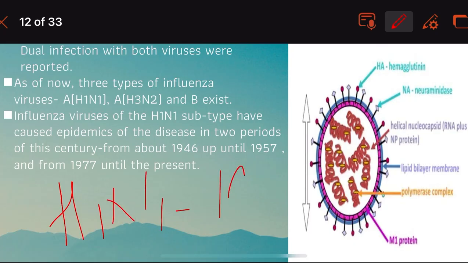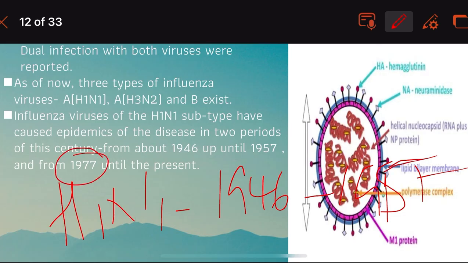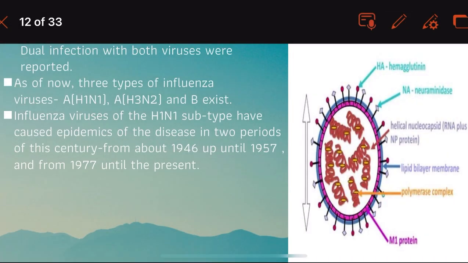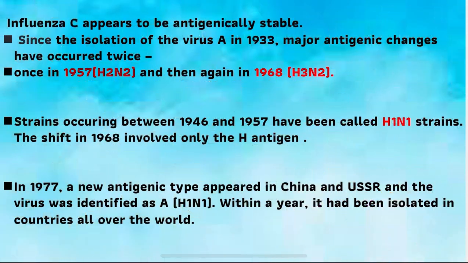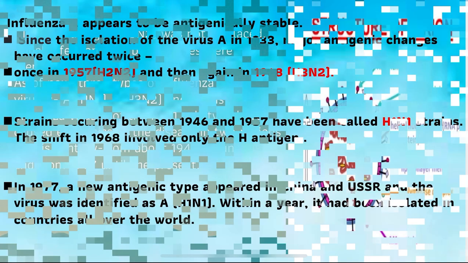For H1N1 you'll write 1946 to 1957, and the strain seen in 1977 was H1N1. Until the present, it is continuing. It is causing dual infection as well, and it was seen in China and USSR. It was isolated in countries all over the world.